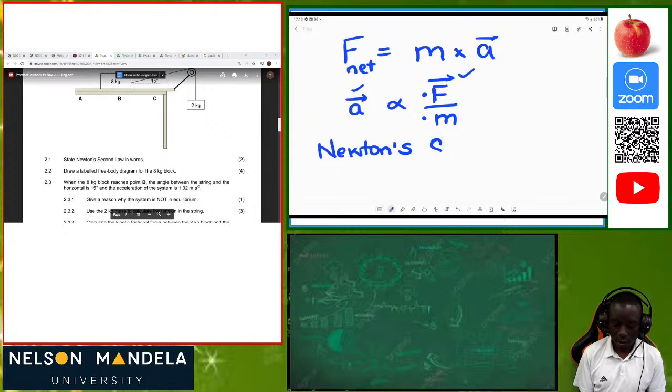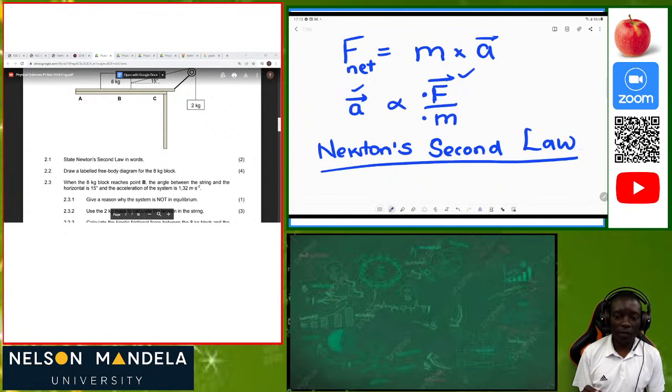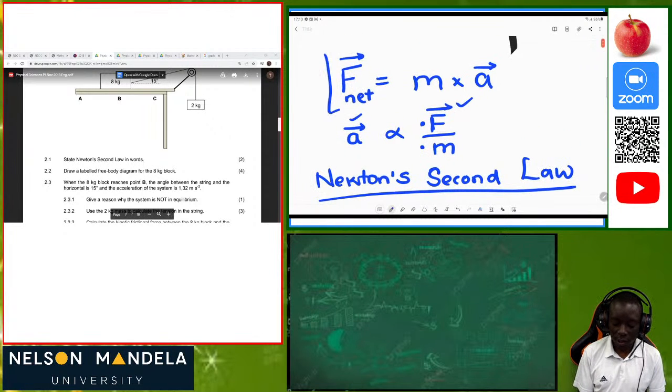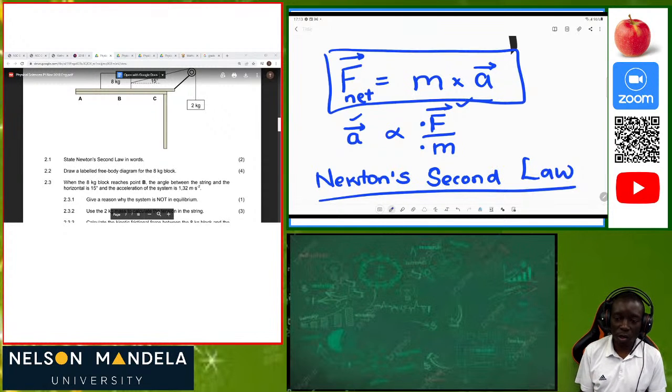The question strictly advised it should be in words. This is just a mathematical relationship and it will not earn you any marks, but it is good for you to know it so that you can refer to it and construct or recall Newton's law from it.